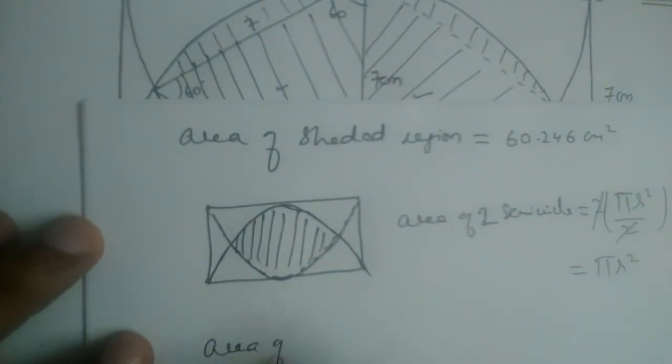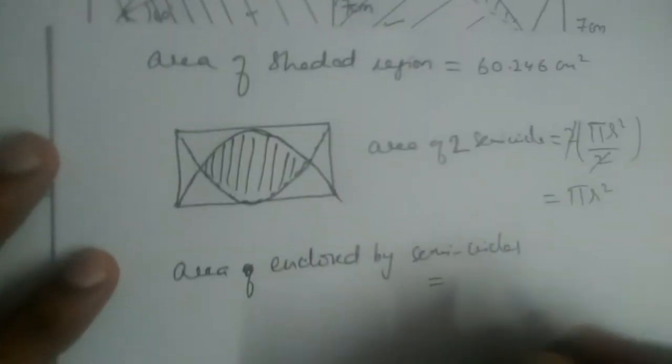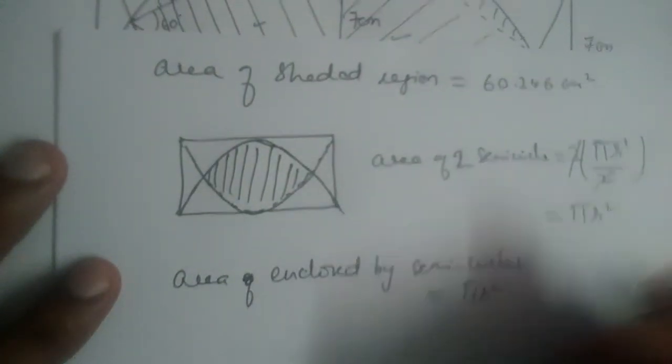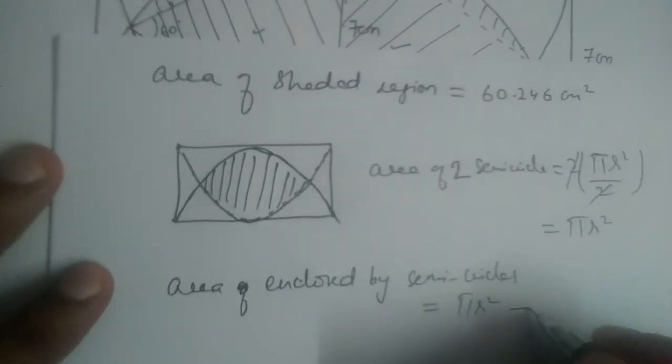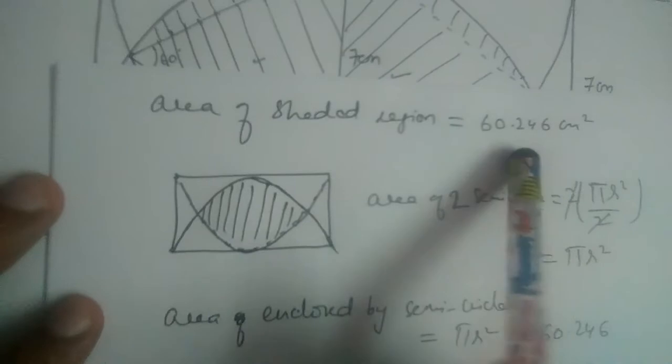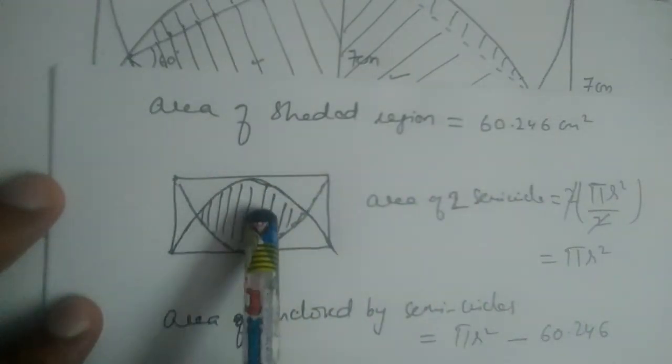So the area enclosed by the semicircles will be equal to pi r square minus 60.246, because 60.246 has come twice in this.